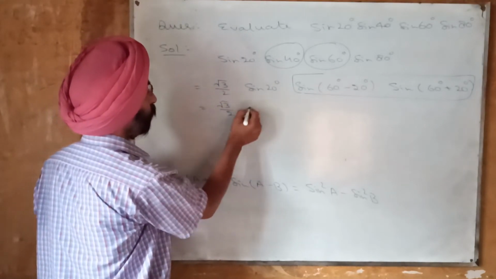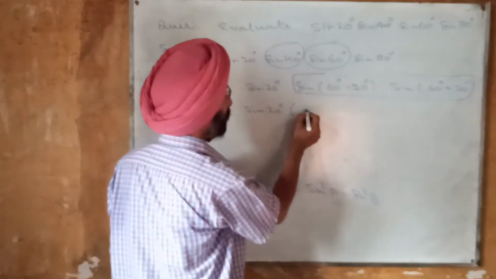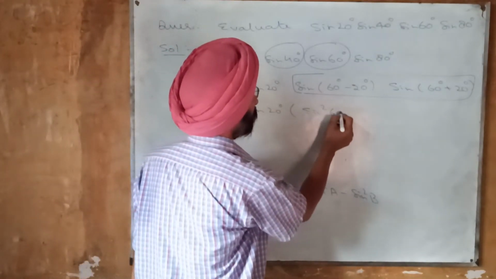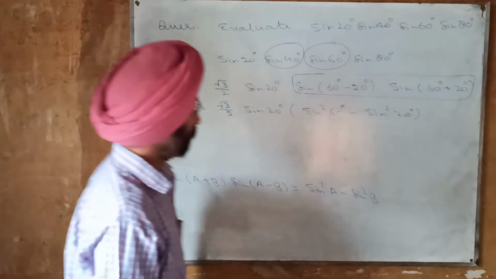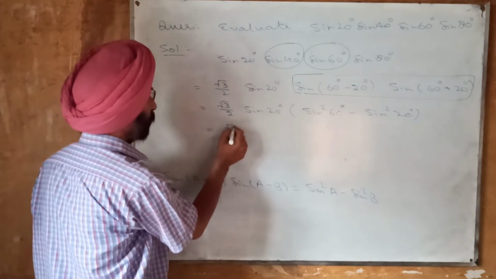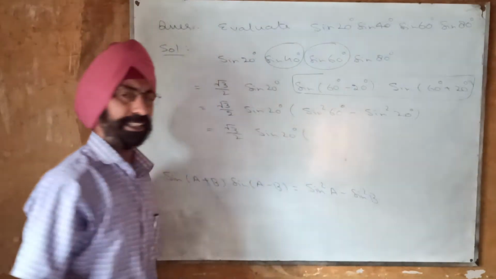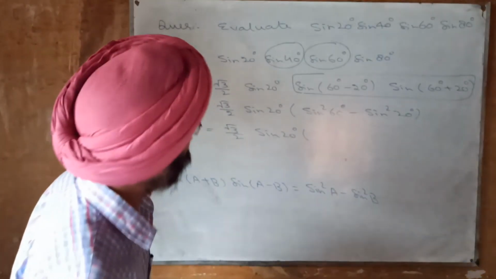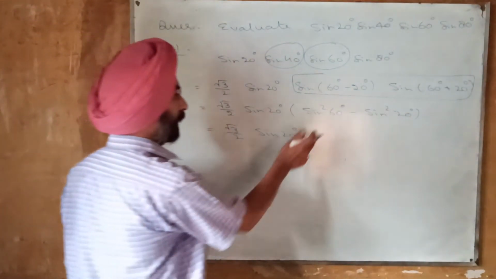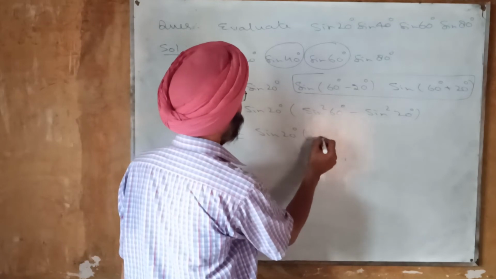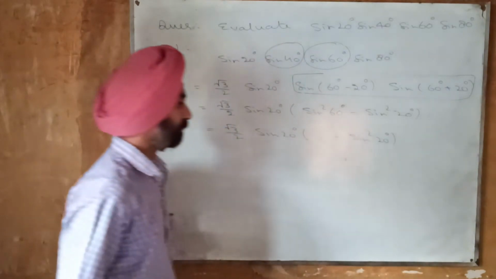Root 3 by 2, sine 20 degree, and as I have told, the formula will be applied. It will become sine square 60 degree minus sine square 20 degree. Once again we know the value of sine 60 degree is root 3 by 2, and the square will become 3 by 4, minus sine square 20 degree.